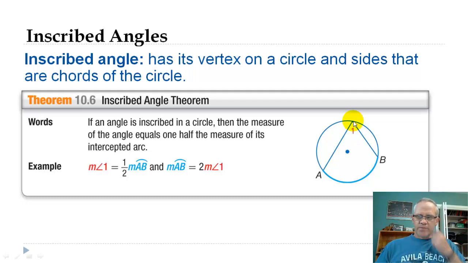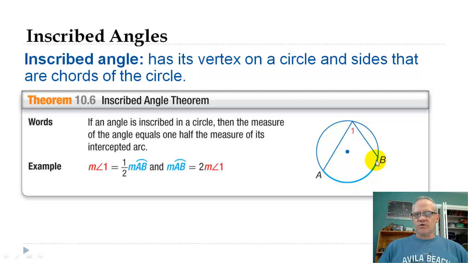The key thing is, remember before when we had a central angle, the degree of the central angle was exactly the same as the degree of the arc. Today, with an inscribed angle, the measure of the inscribed angle is 1/2 of the arc.